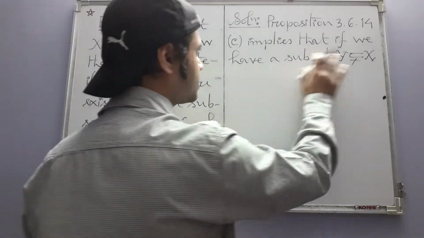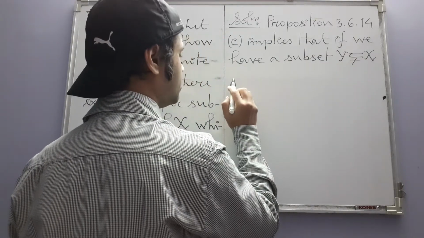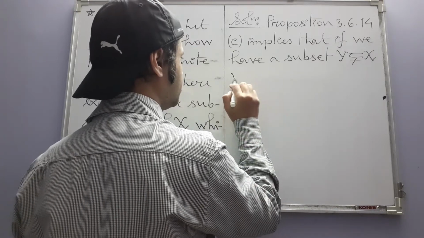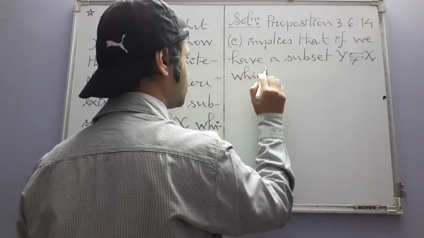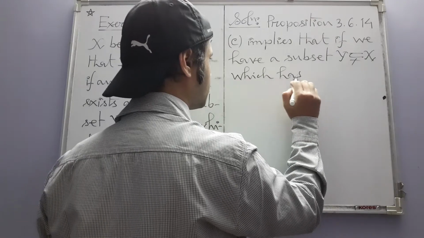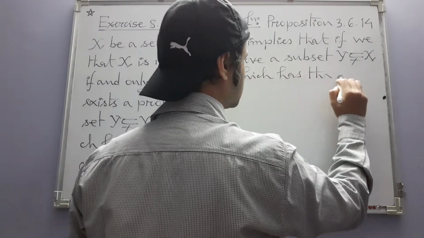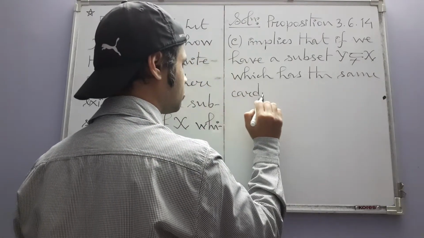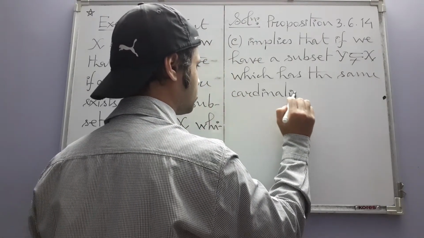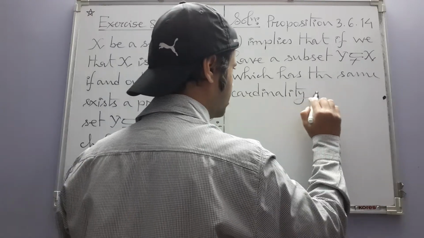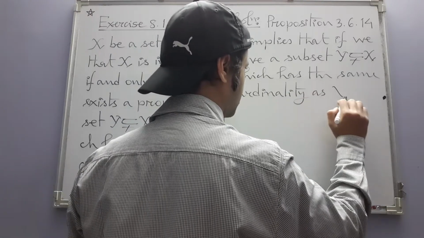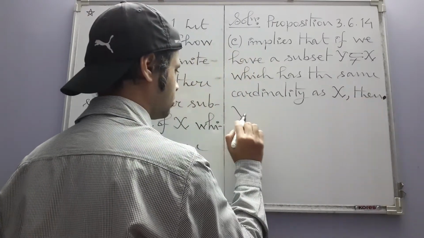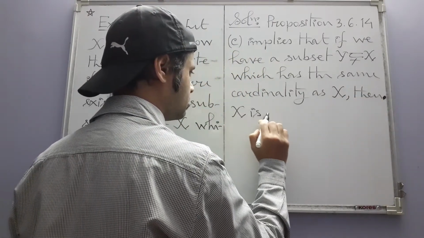Okay, if we find such a subset, if we have a subset which has the same cardinality as X, then X is infinite.